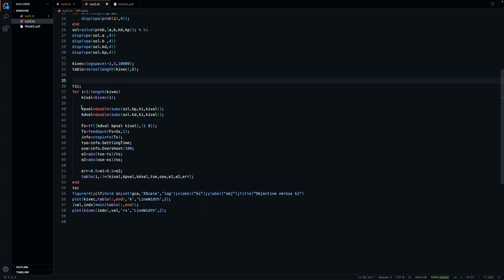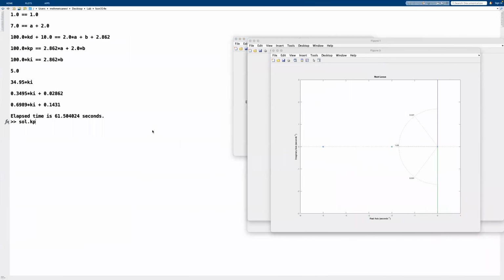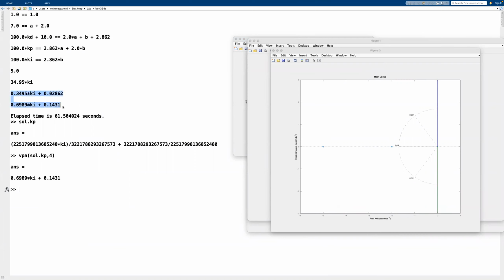Instead of doing this, we can just take this sol.kp. If we look at it, it's just something arithmetic, and computers are pretty good at doing this stuff. Why does it take so long? It shouldn't. You know that this is basically a straight-up multiplication plus summation and nothing more.